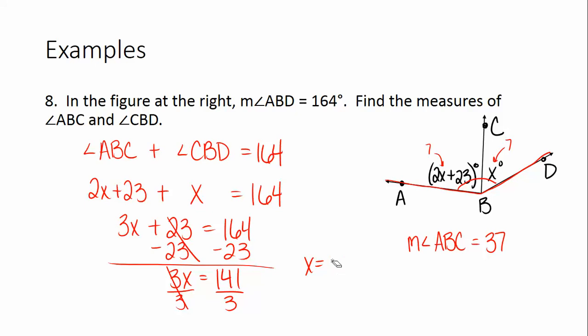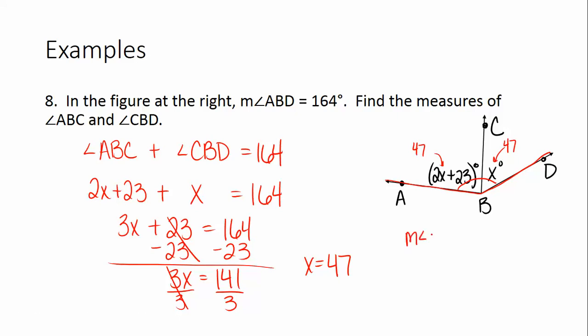Oh, whoops, it's not 7. What am I doing? I'm thinking this isn't going to add up right. Sorry. 141 divided by 3 is 47, not 7. So we're plugging a 47 in for x in both of the angle measures. There we go. That makes more sense.